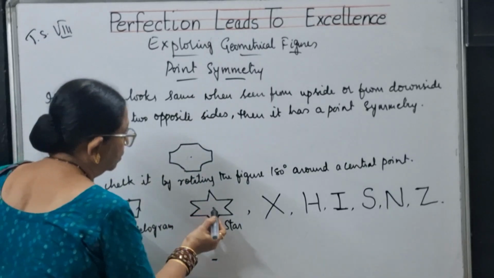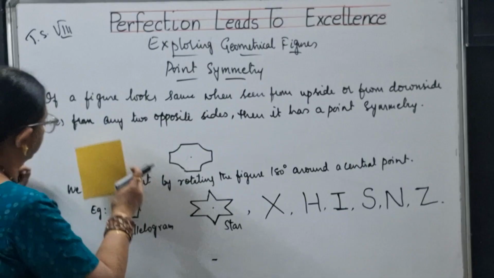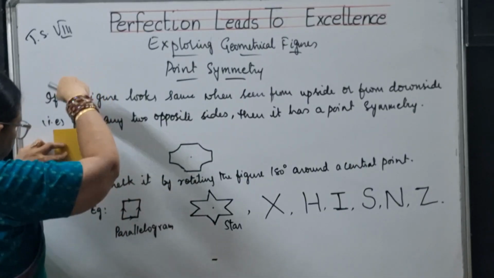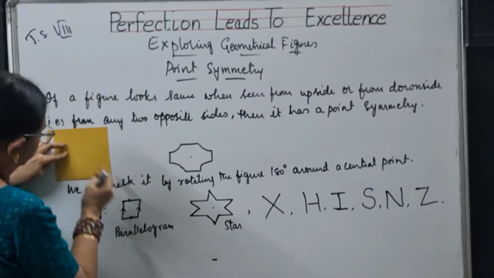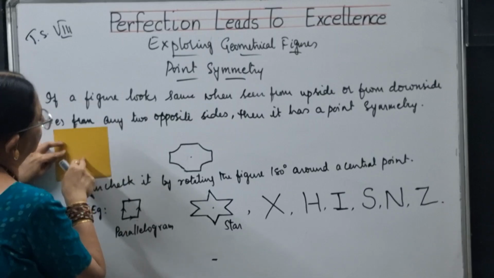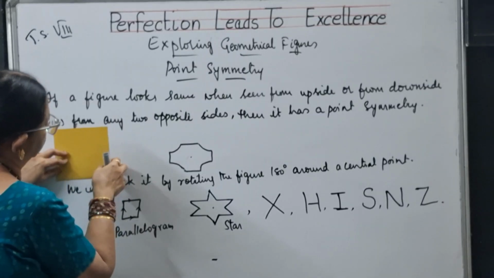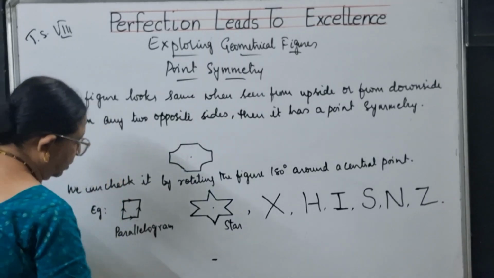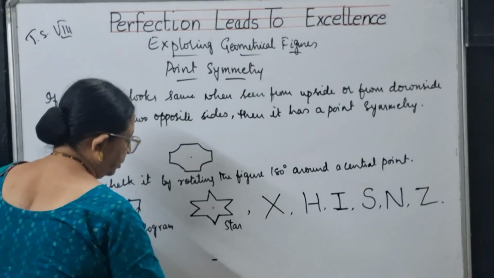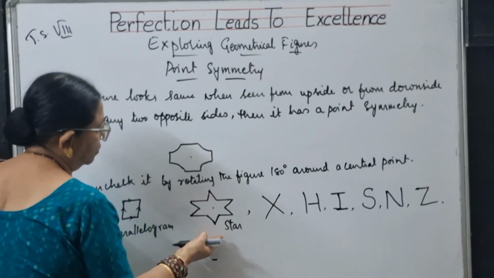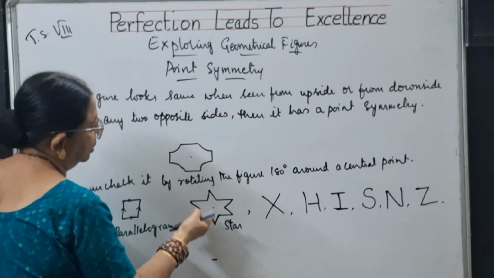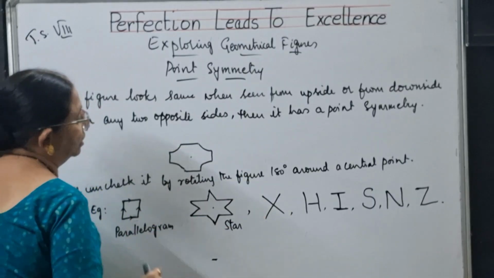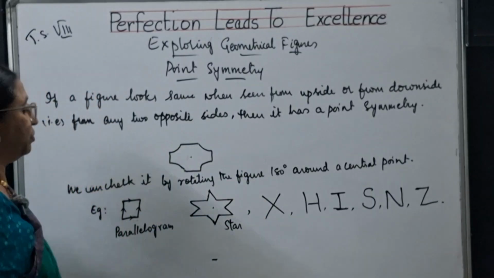Because from top side, if you look from top, from bottom, both of them are alike. So it is having point symmetry. Similarly, these figures are also from top and bottom. If you see, it is looking like same figure. So when you rotate it 180 degrees, you don't get any change.